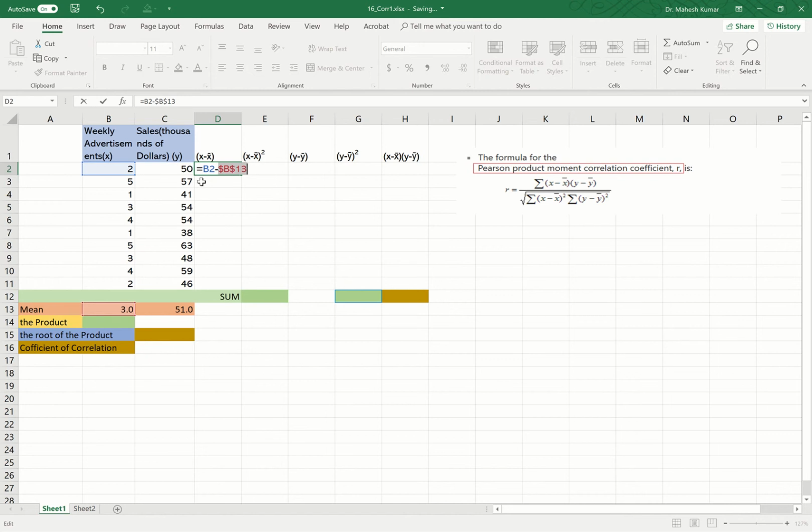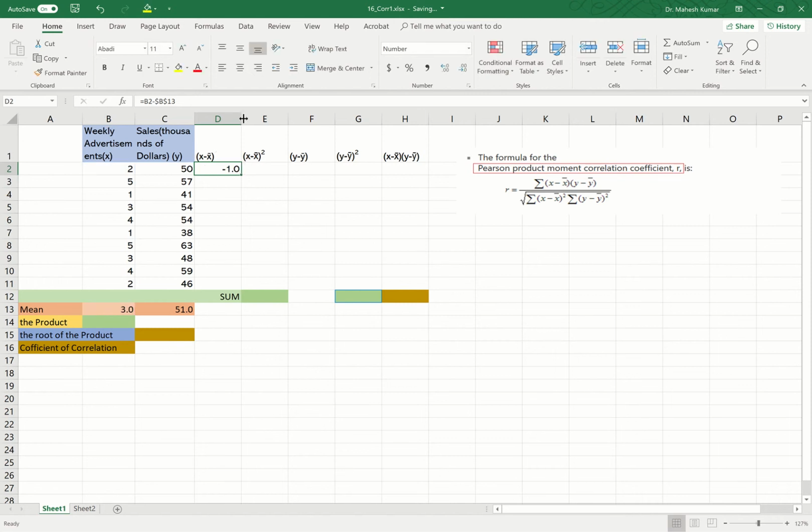Absolute reference means that for all the cell values down there, this value will stay 3, which is in cell B13. So $B$13 makes an absolute reference to column B and to row 13, right? I will click enter here and we get -1.